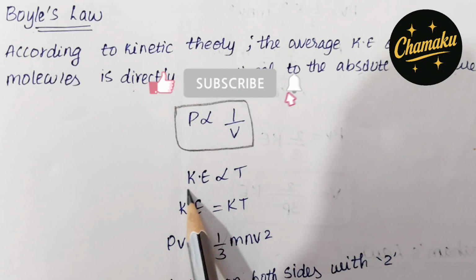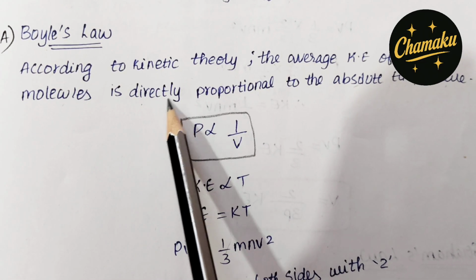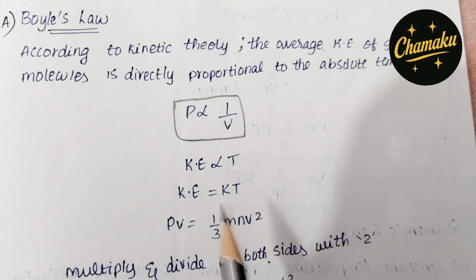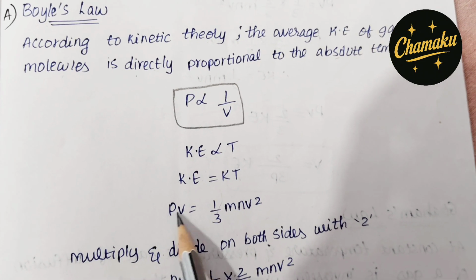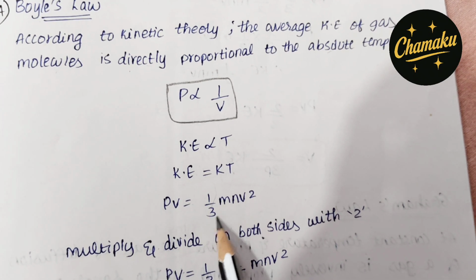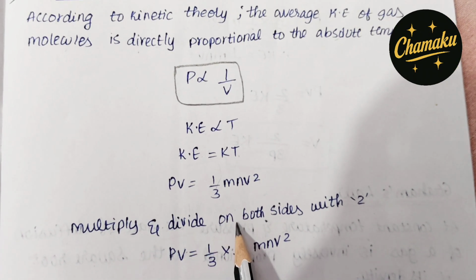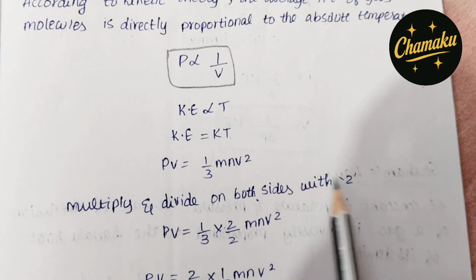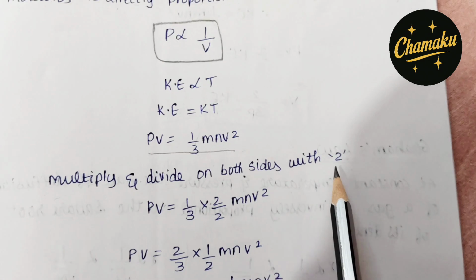So kinetic energy is directly proportional to the absolute temperature, as you can see here. So kinetic energy is equals to kT. So therefore PV is equals to 1 by 3 mnV square. So for this equation we have to multiply and divide on both sides with 2.